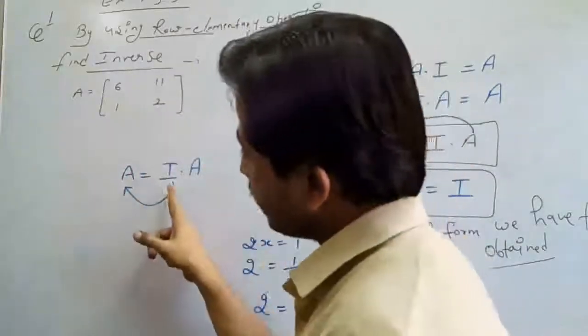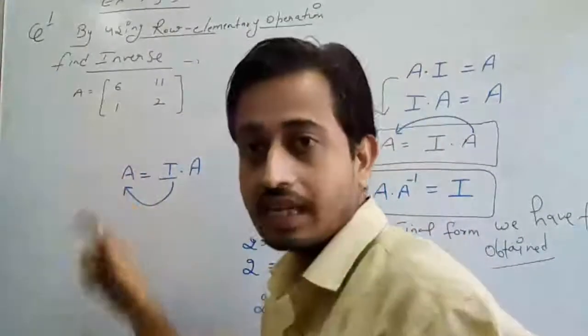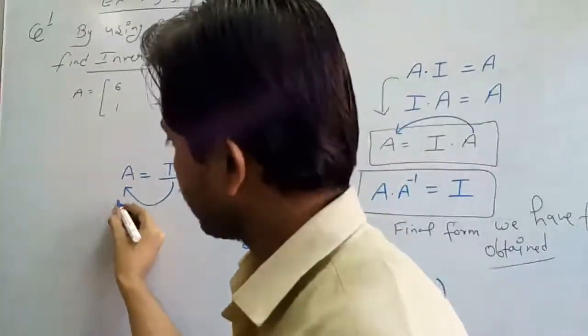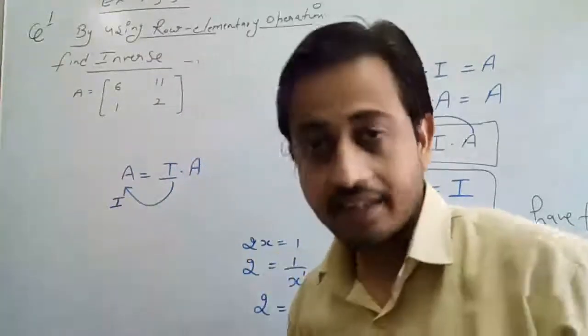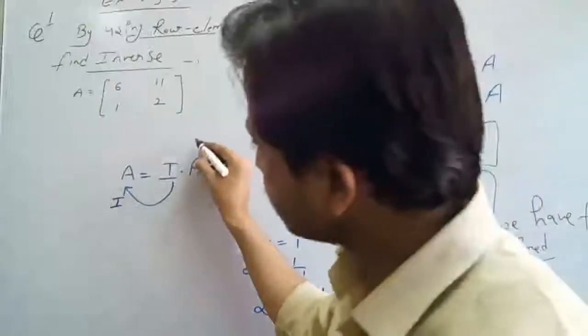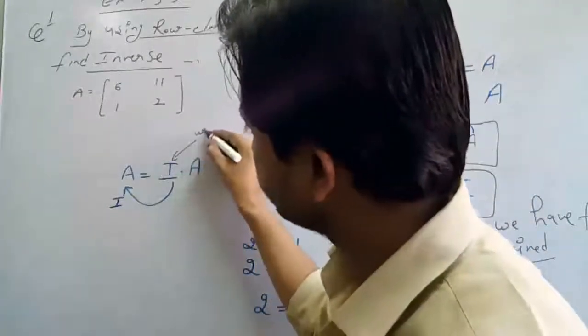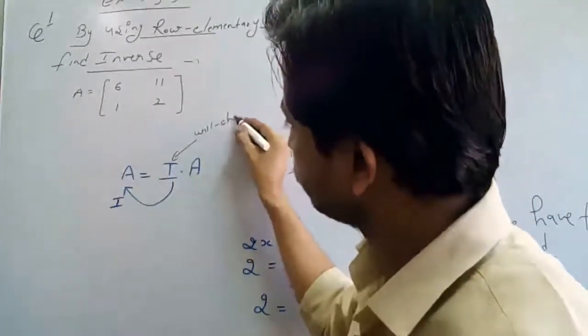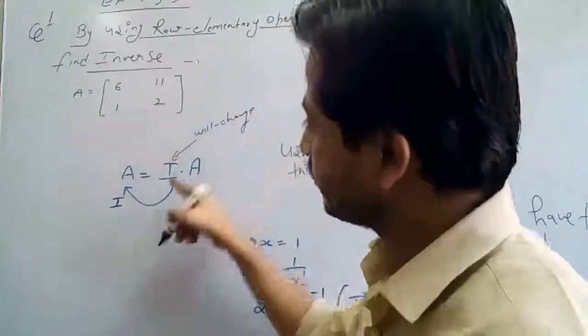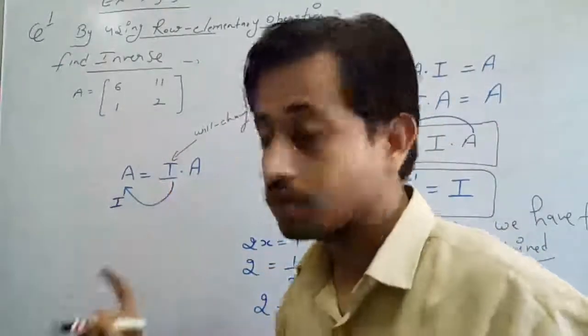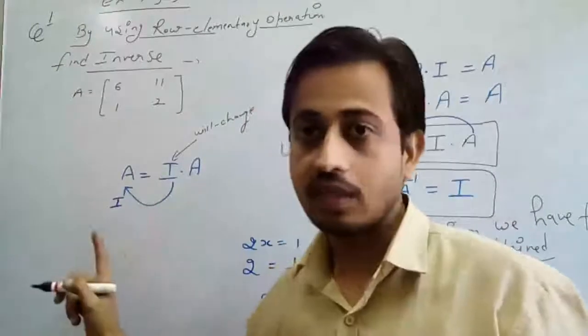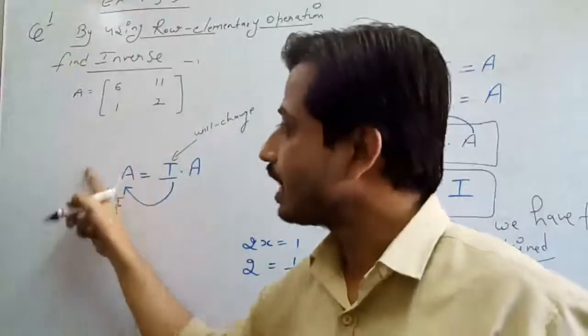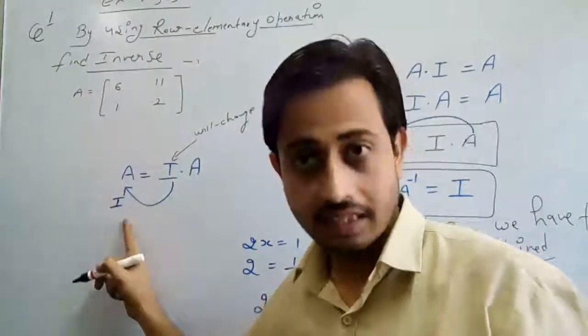So if I want to make this matrix an identity matrix, then this matrix will change, because we have to apply elementary operations.